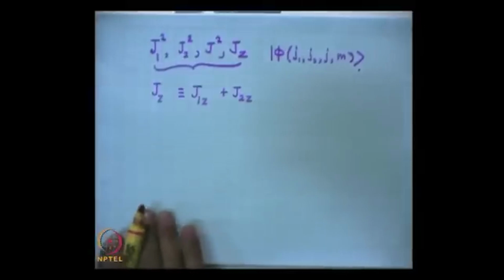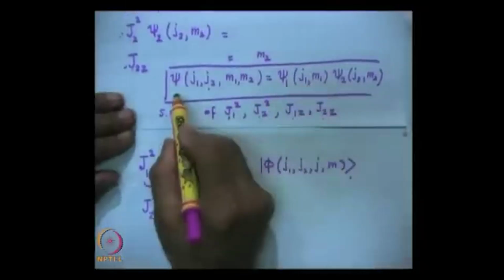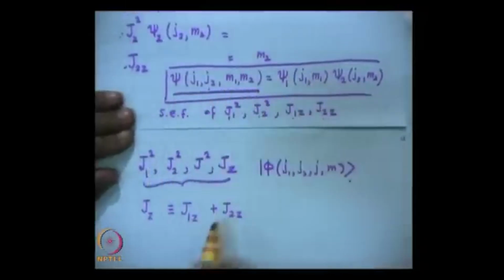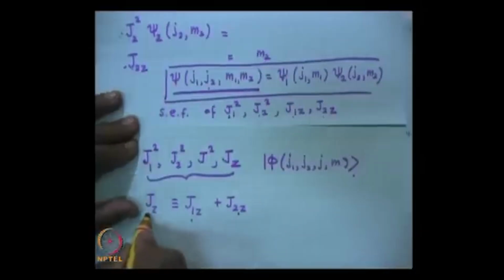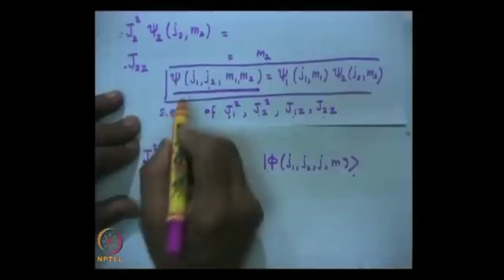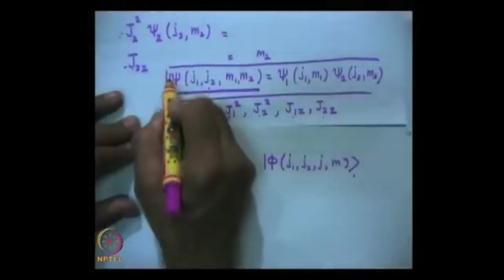Now, this function psi J1 J2 M1 M2 is an eigenket of J1z and J2z, and therefore, it is an eigenket of Jz. So, these psi functions that I have written, maybe I should write a ket here.